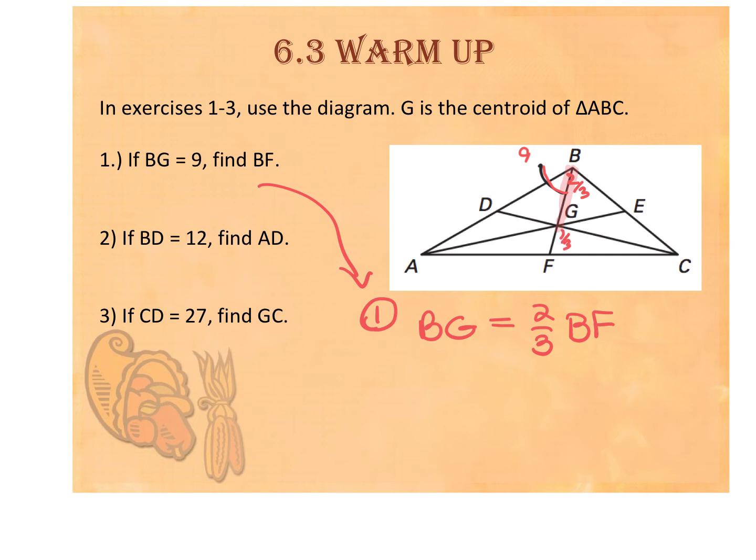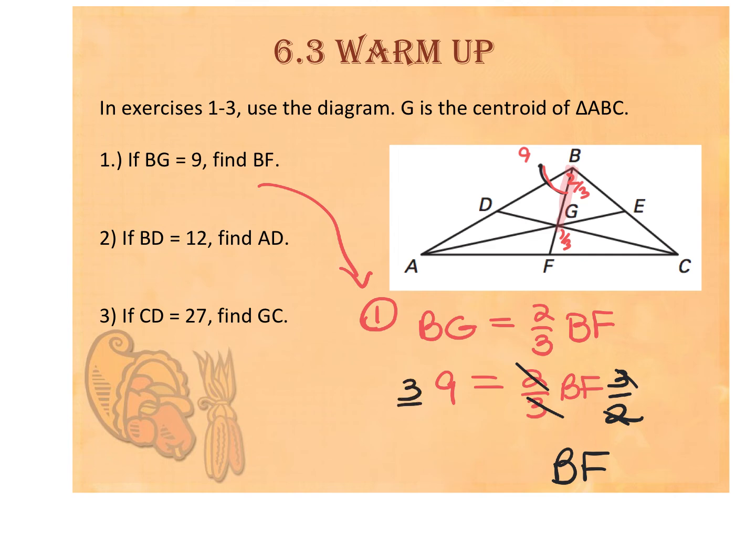So now I'm going to replace what was given to me. They gave me BG is 9. And now I'm solving for the whole thing, BF. I'm going to multiply both sides by the reciprocal because I'm dividing by 2/3. So I'm going to multiply this side by 3/2, which gets all this to cancel. So I'm just left with BF now.